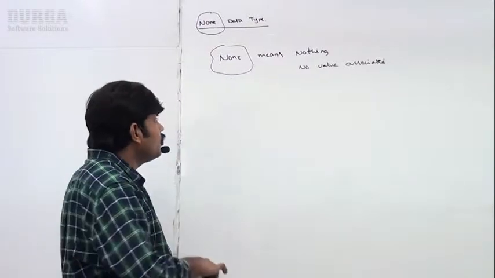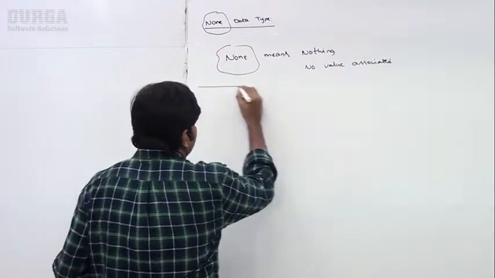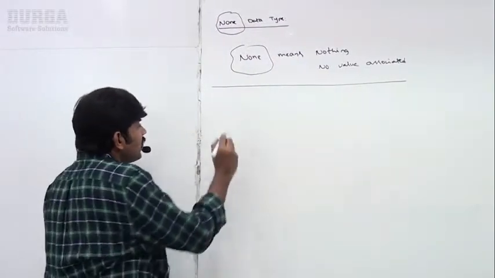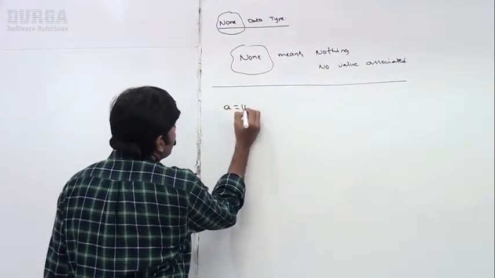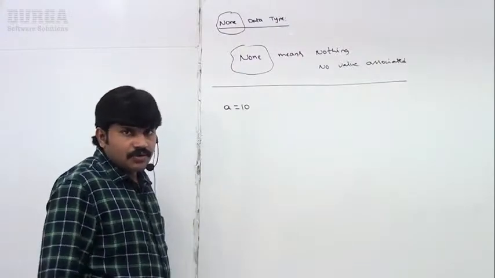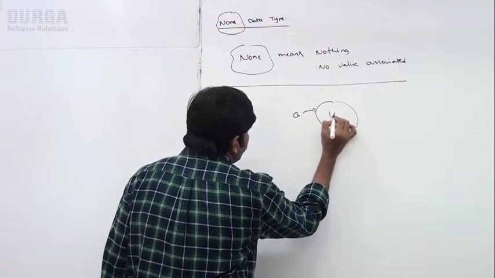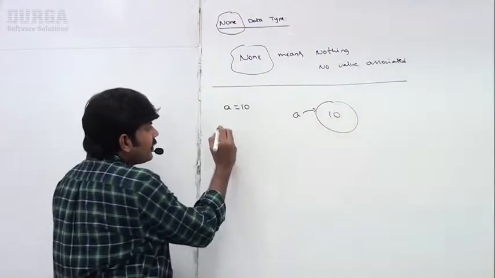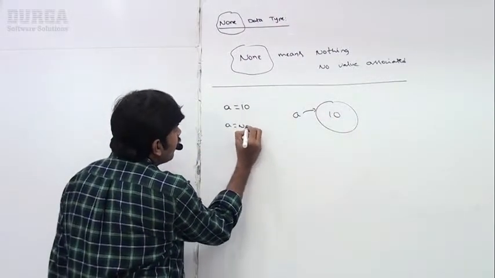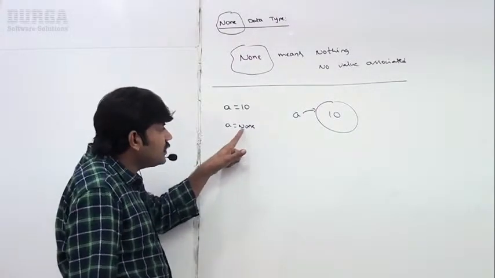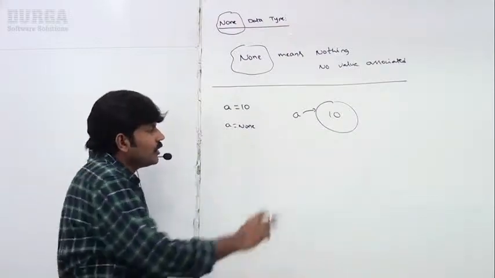Sir, where do we have this type of requirement? Just observe carefully, I am going to take a small example. Assume a = 10. Now a is pointing to the object 10. If I take a = None, from now on a is not representing any value.